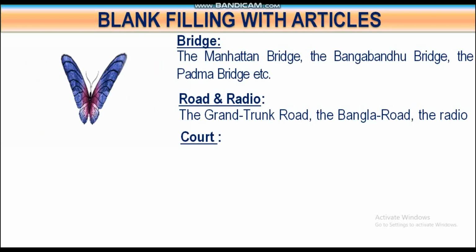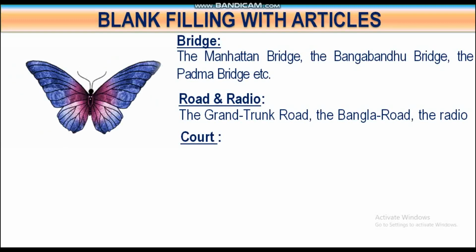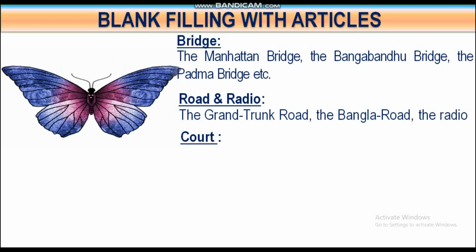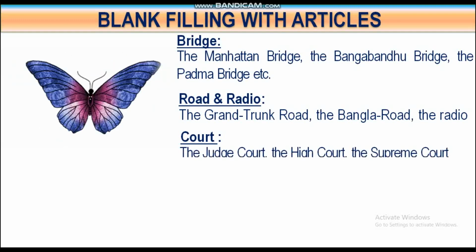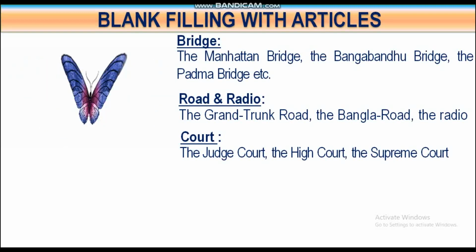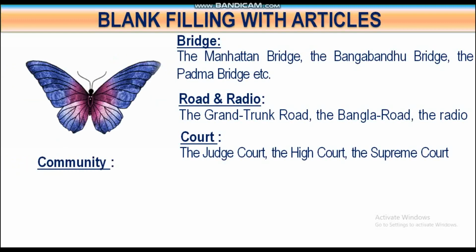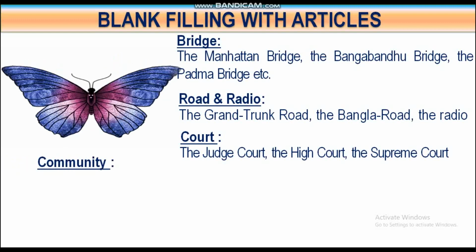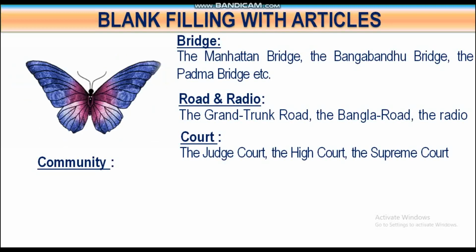Court. Article the is used before the court of law, such as the Just Court, the High Court, the Supreme Court, etc. Community. Community means people of the specific group or society.